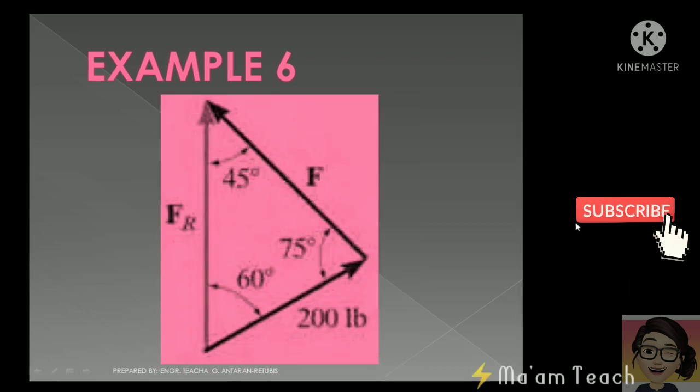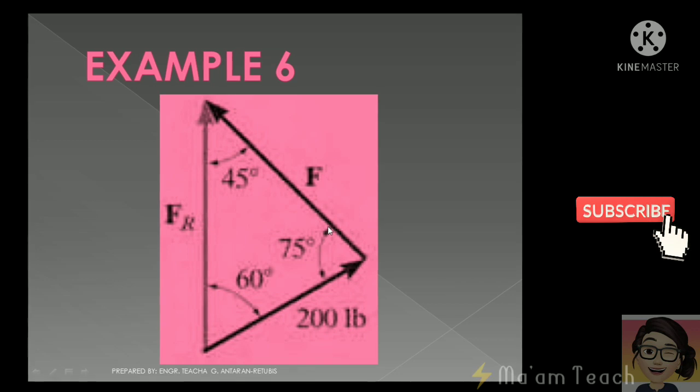Earlier, this is the 60 degrees. This is 30 degrees right here, and this one is 75, where we have combined the 45 degrees and the 30 degrees earlier. This was the 45.